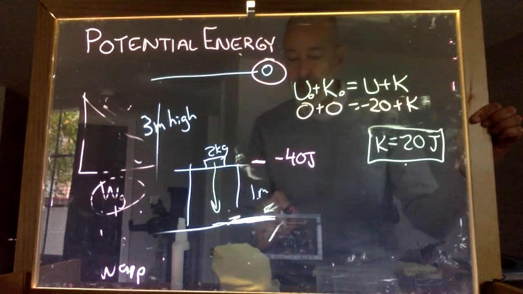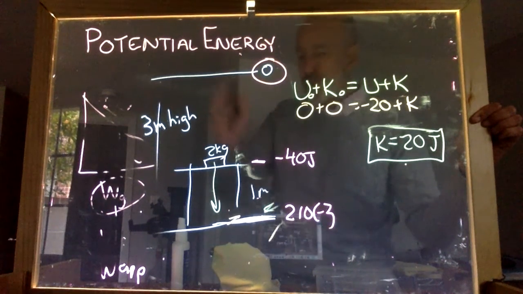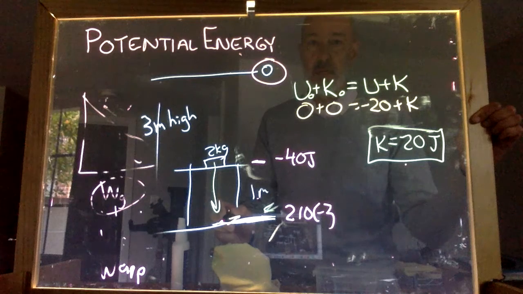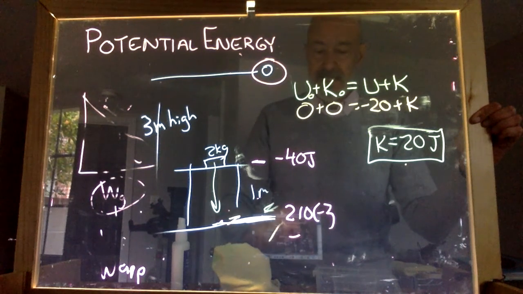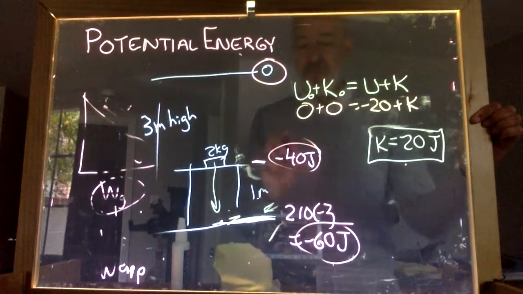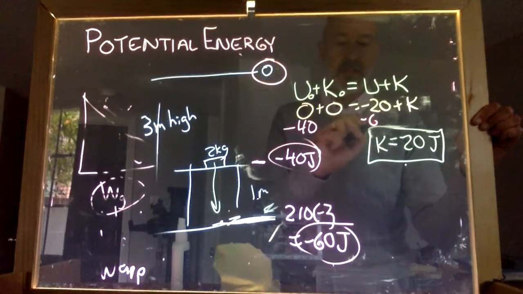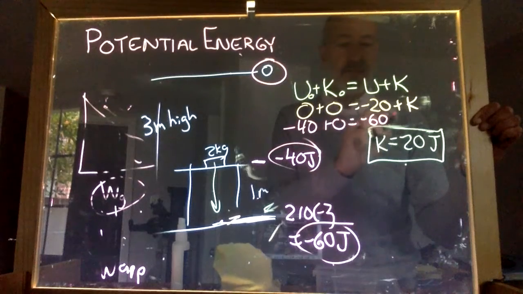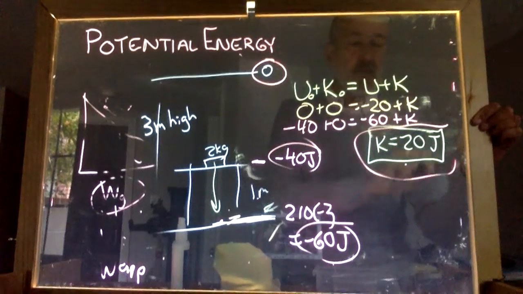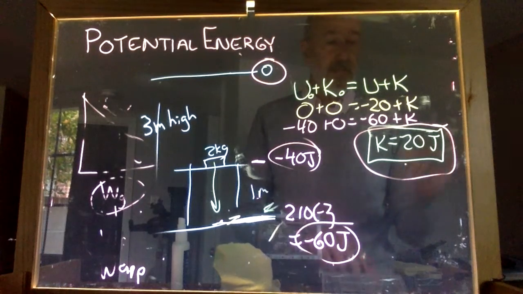At the end, it's 2 times 10 times -3, 3 meters below our reference point, so that's -60 joules. The potential energy went from -40 to -60. -40 plus 0 equals -60 plus K. Any way we solved that, we found 20 joules for the kinetic energy at the end.